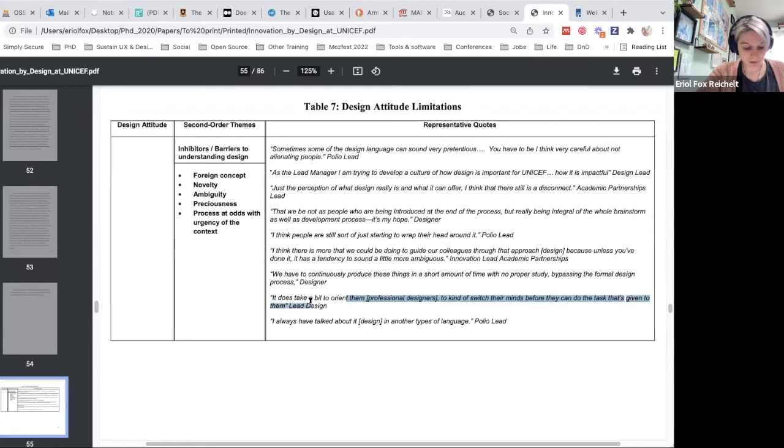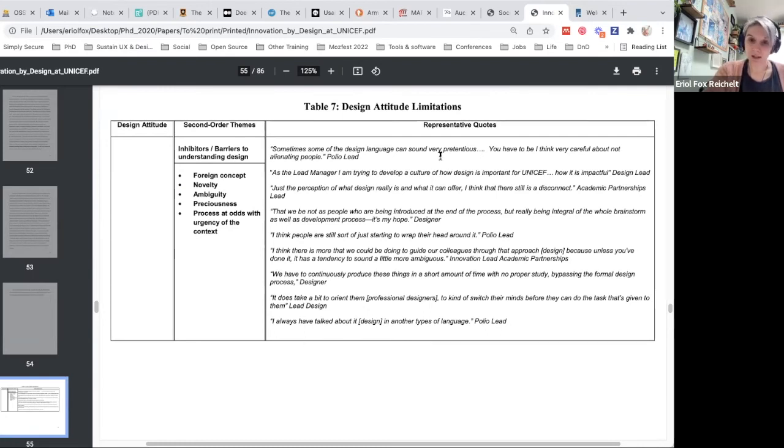I would be interested to know what that actually relates to, because I am reading it with an open source lens, in the sense that it does take a bit to orient professional designers to an open source process and tool and way of doing things, and switch their minds before they can do the task that is given to them. So I am looking at it from a very specific perspective, in that I have an open source lens.